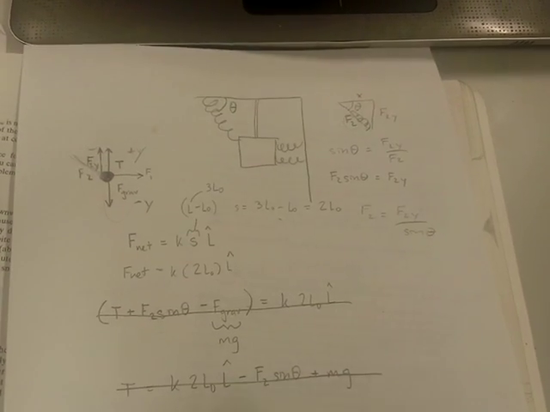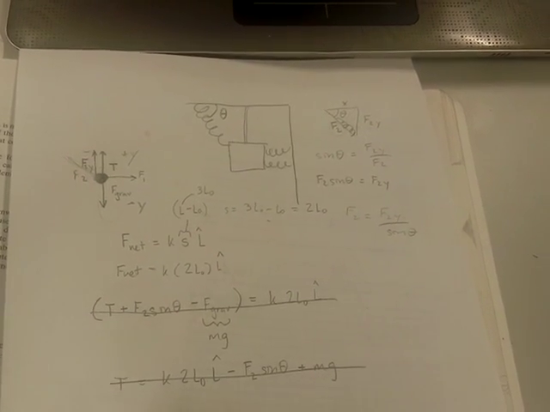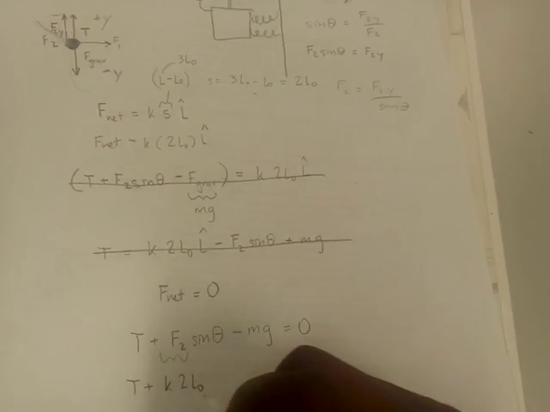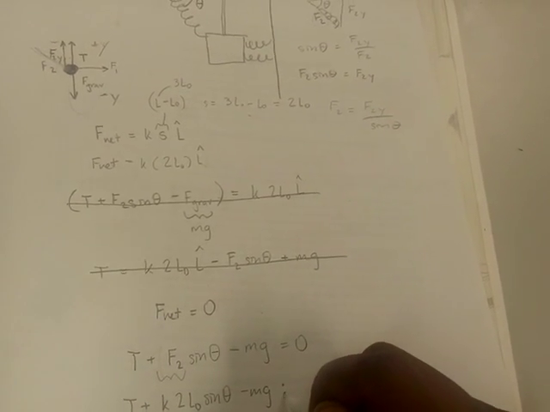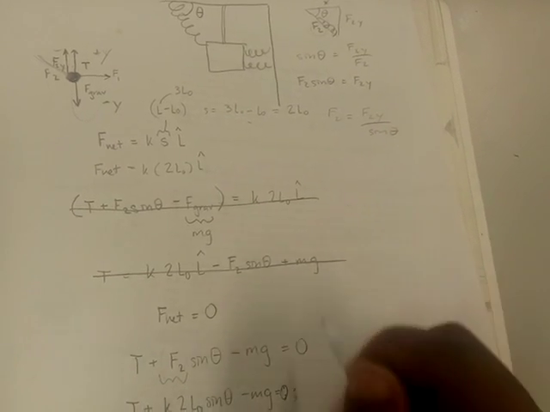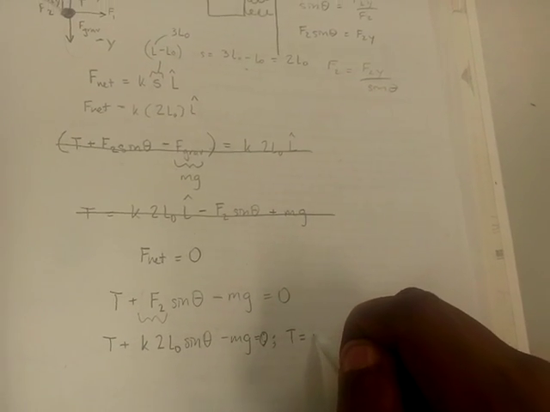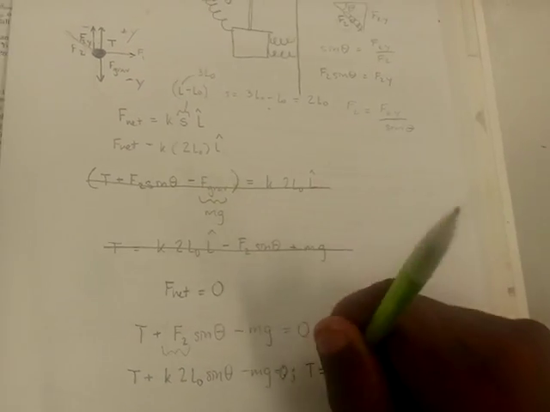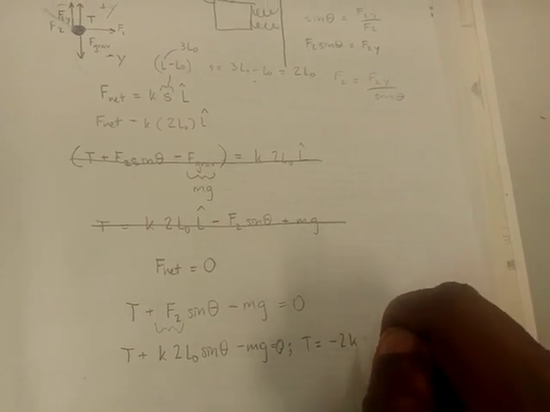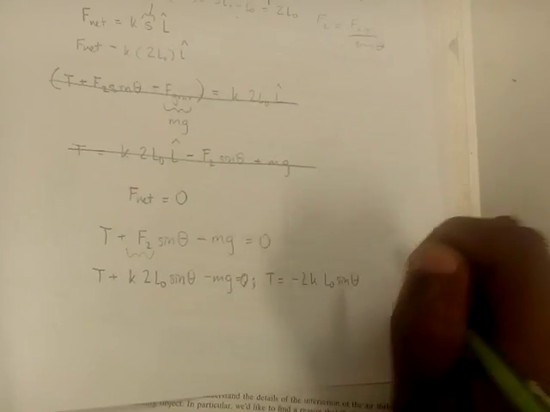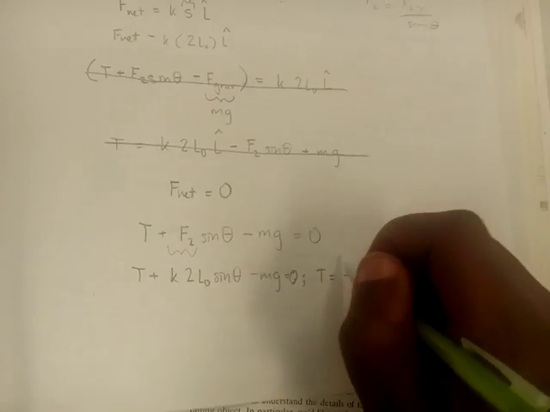And like what we said, L minus L naught would be 3 L naught minus L naught, which is 2 L naught, times sine theta, minus mg, equals 0. So we'll say that T, since that's what we're looking for, is equal to, let's make this cleaner, negative 2k L naught sine theta plus mg. And that's T, what we're trying to calculate.